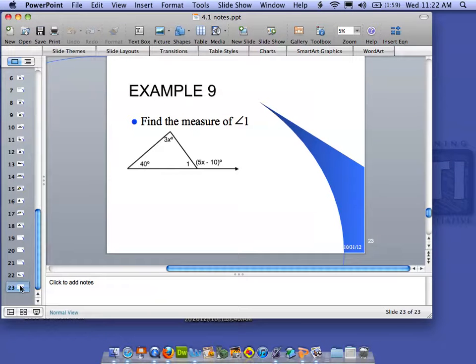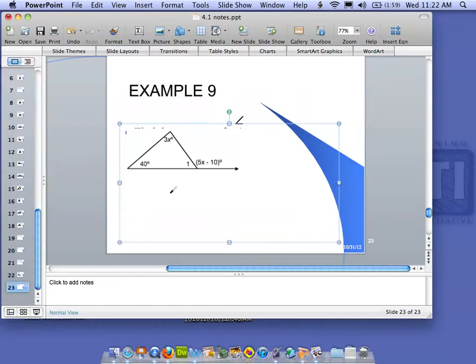And to find the measure of angle 1, what I'm going to do here is I'm going to say that the 5x minus 10 is equal to the 40 plus 3x. So the measure of the exterior angle is going to equal the sum of the two non-adjacent interior angles.